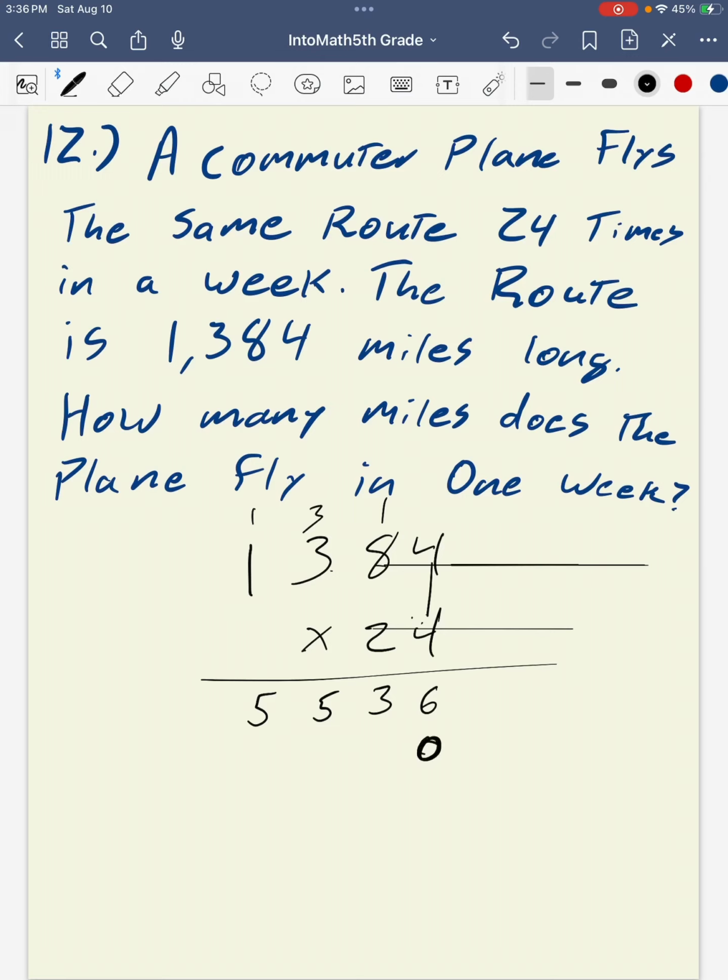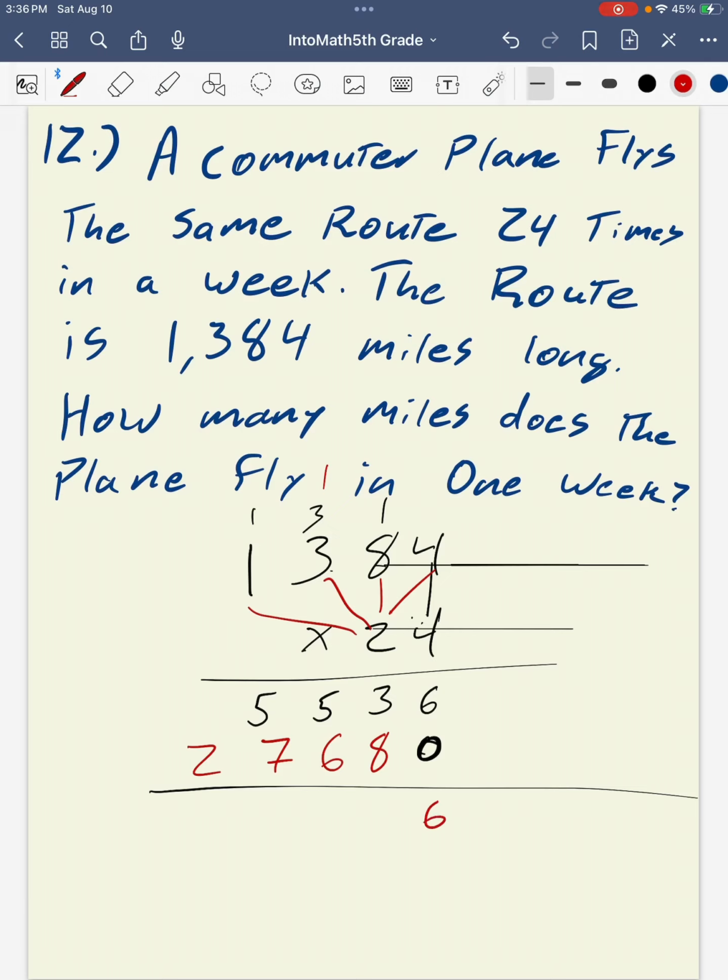Now I'm multiplying by my tens. Put a placeholder 0 because I'm no longer multiplying by my ones. I'm going to do 2 times 4 for 8. 2 times 8 gives me 16. 2 times 3 is 6 plus 1 for 7. And 2 times 1 is 2.